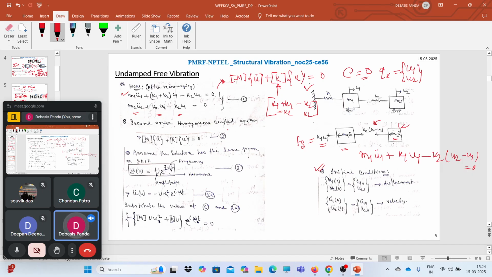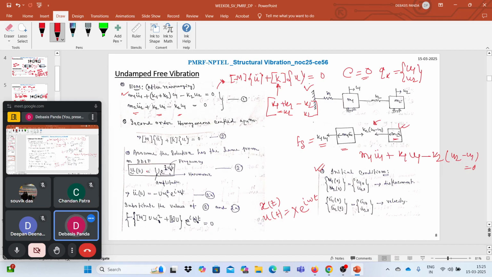So we have this equation. Now to solve it, recall for the SDOF system also, first we considered the general solution x(t) or u(t) equal to some amplitude times some harmonic: sine omega n t, or cos omega n t, or e to the power i omega t.